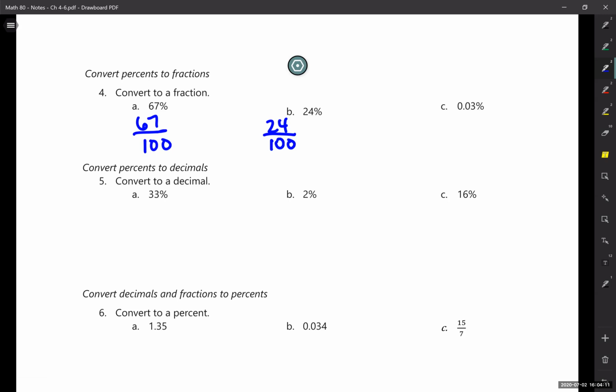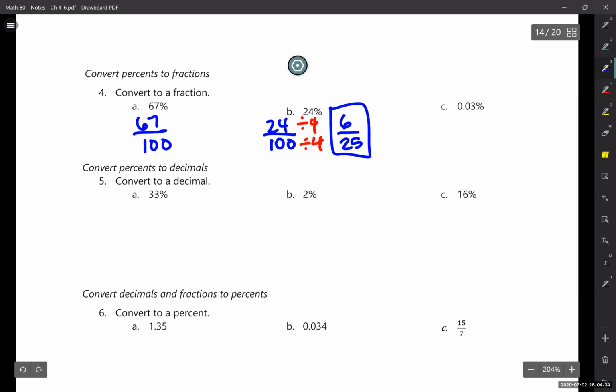Actually 4, we know 4 goes into 100 because of 4 quarters, so as long as 4 goes into 24, we're golden, and it does. So we're dividing both of these by 4. That part in red you don't need to write, but just in case you're curious. And we get 6 out of 25. So that is how you write 24% as a fraction.